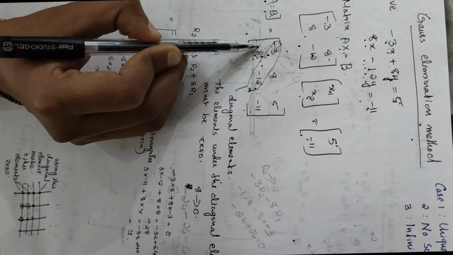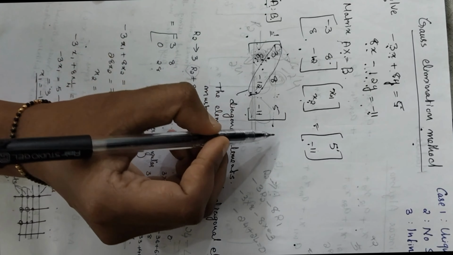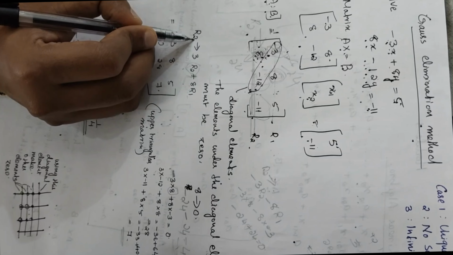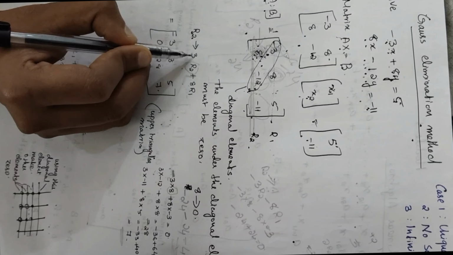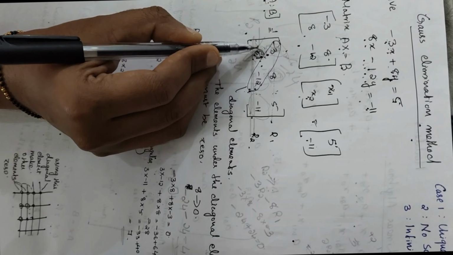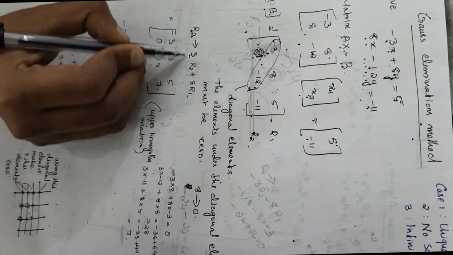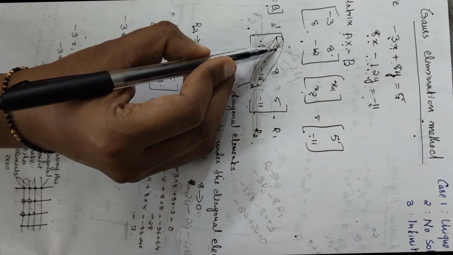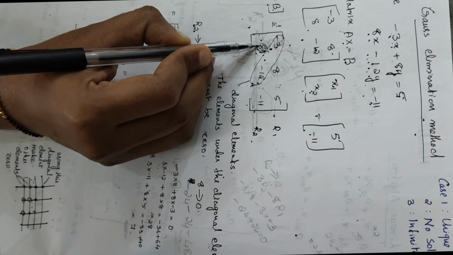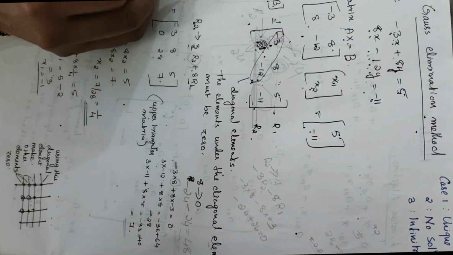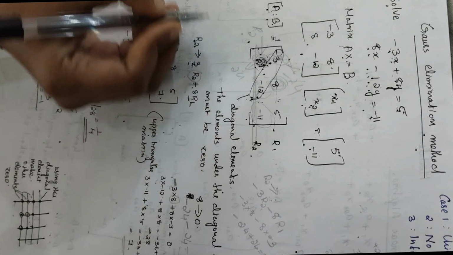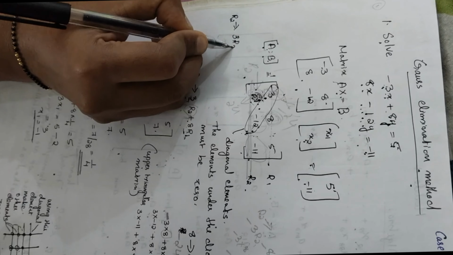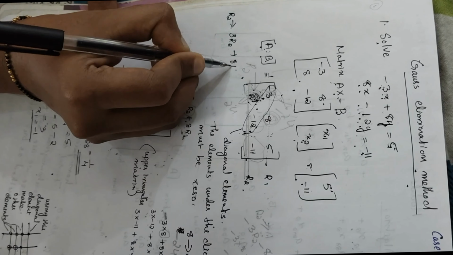For that, this is the first row R1 and this is the second row R2. So we have to convert the R2 row. To make this element 0, we have to do this calculation: 3R2 plus 8R1. That means R2 converting to 3R2 plus 8R1.